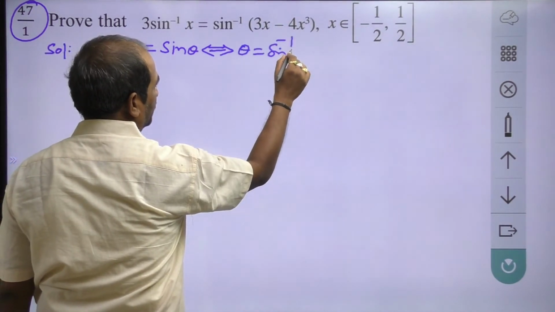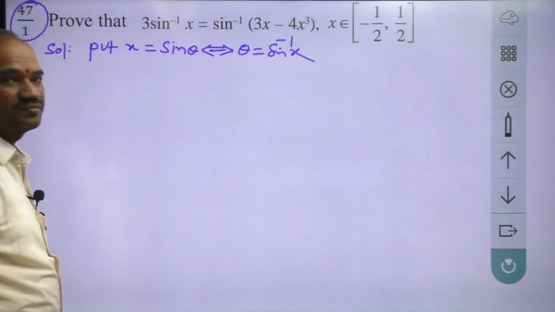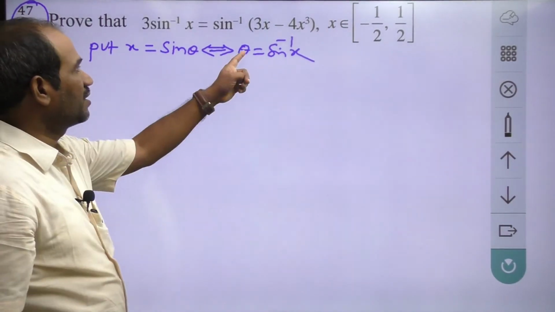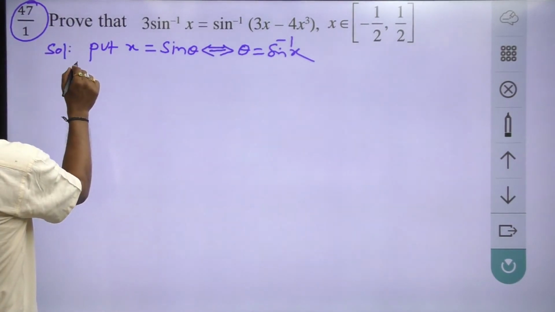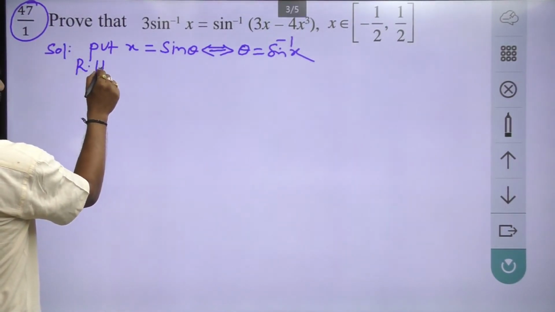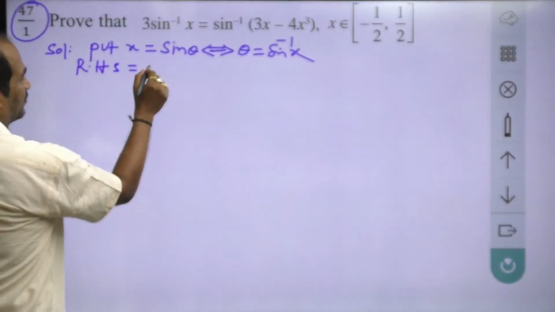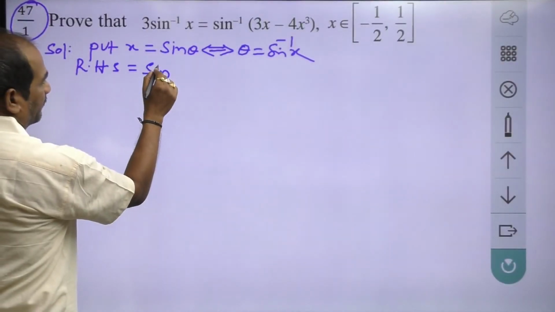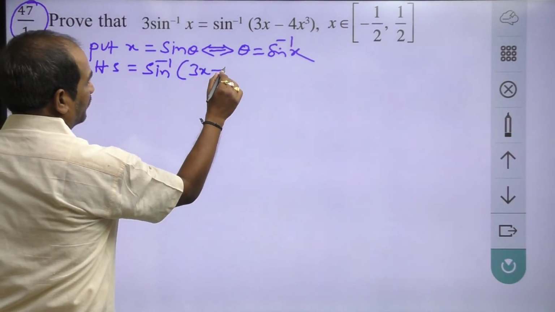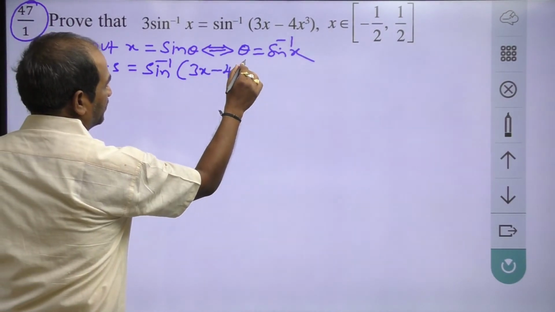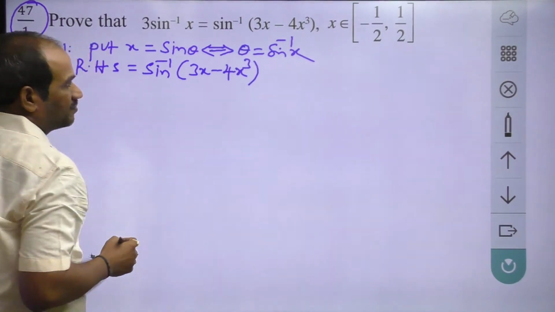That is the theta value. Taking the RHS value, we have sin inverse of 3x minus 4x cube.